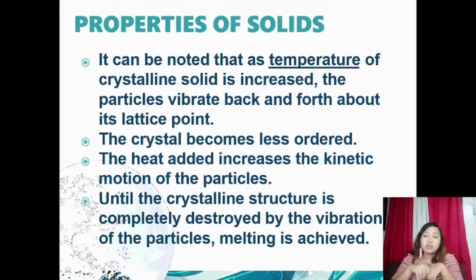Okay, so it can be noted that as the temperature of a crystalline solid is increased, the particles vibrate back and forth about their lattice points. The crystal becomes less ordered. So what does that mean? When you subject any kind of solid to a hot or cold temperature, depending on the degree, the particles within the structure will become disoriented and will change.